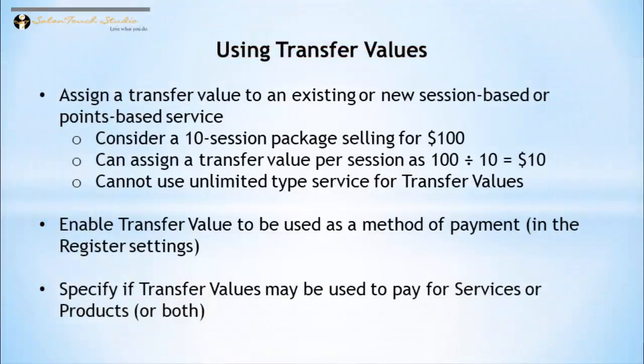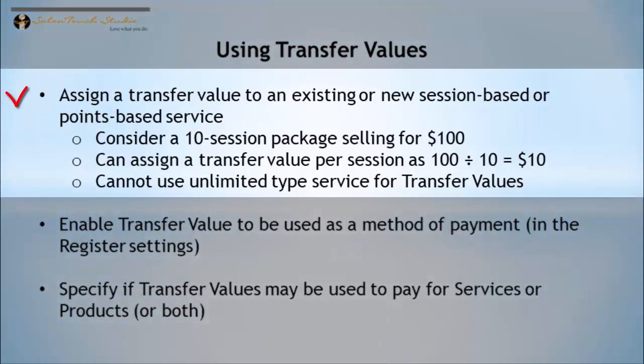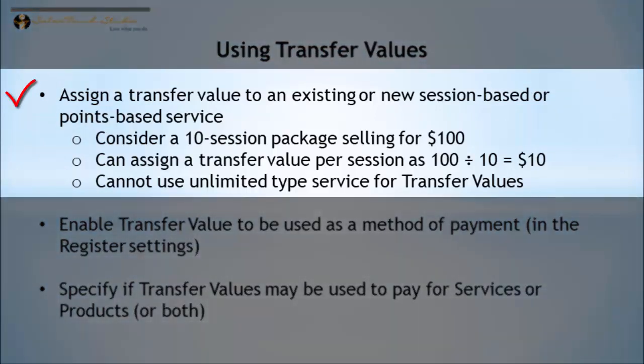There's three basic steps that we need to take. First, you assign the existing service as having some sort of a value. So what does it mean? Let's take an example. Consider a 10-session package that you sell for $100. So 10 sessions for $100.